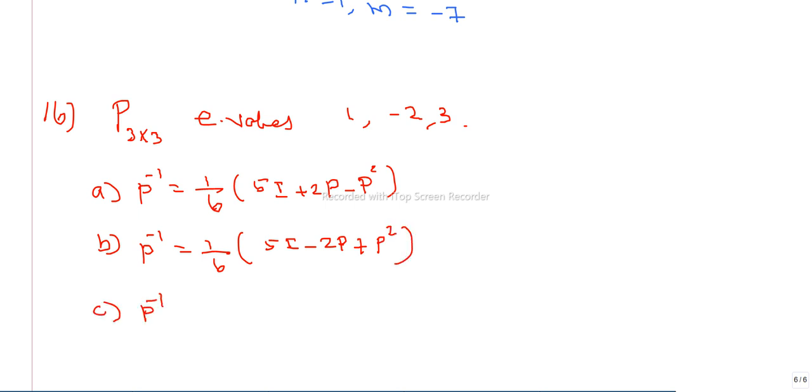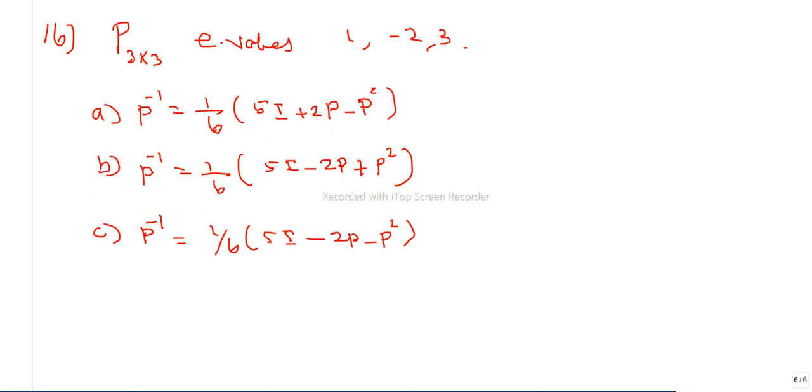Third option, P inverse equal to 1 by 6 times 5I minus 2P minus P square, and the fourth, P inverse equal to 1 by 6 times 5I plus 2P plus P square.